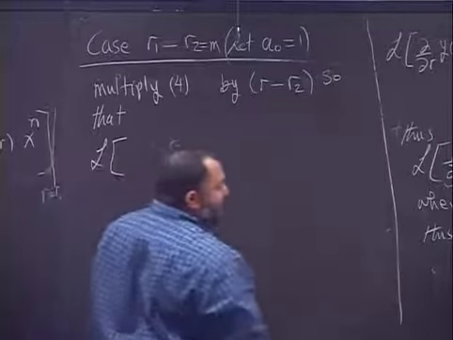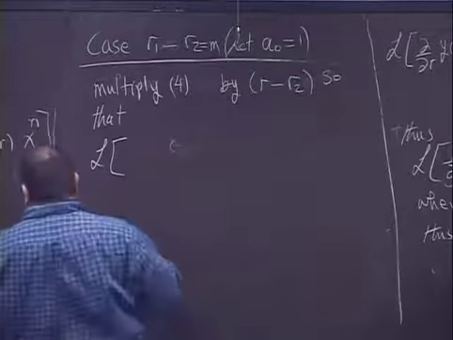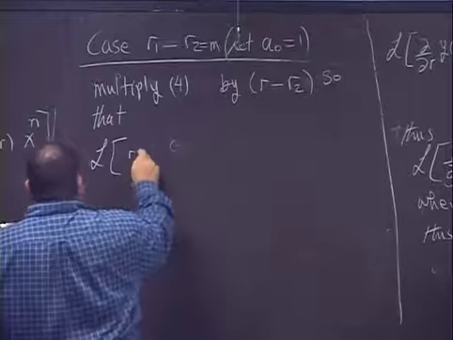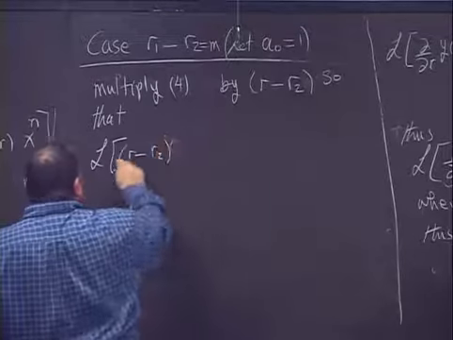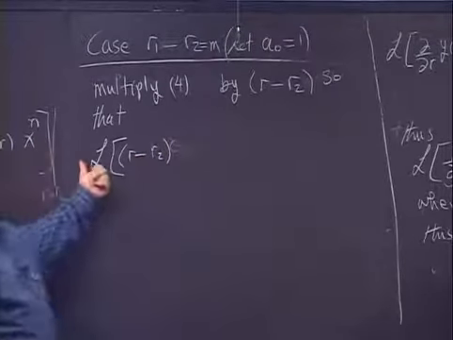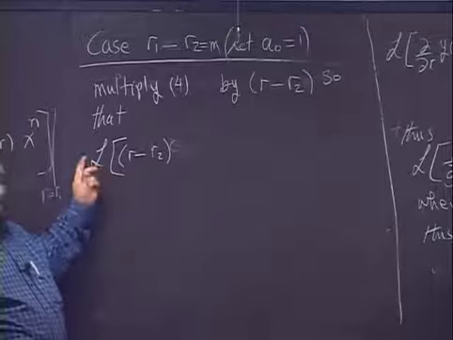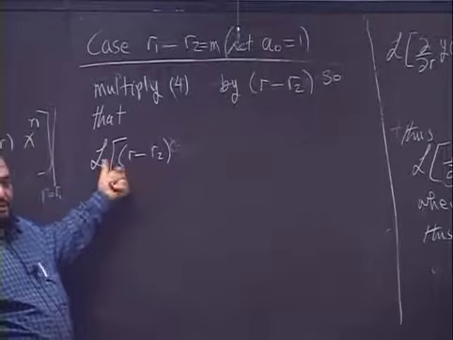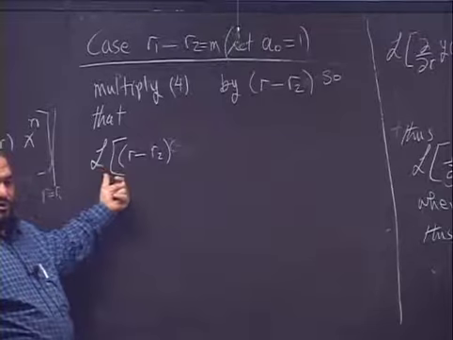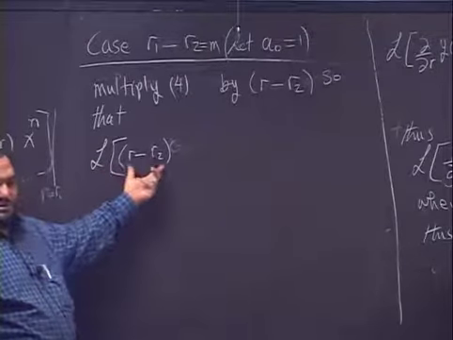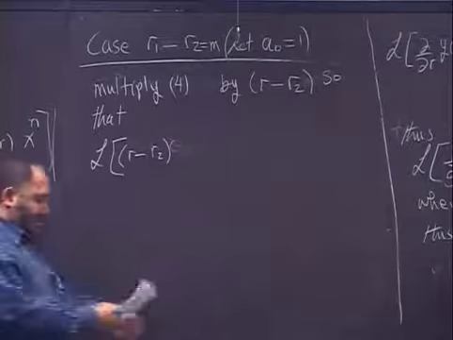Where is equation number 4? It's not in the blackboard. So this is r minus r2. Does not make any difference if you multiply r minus r2 here and you bring it inside the operator, because the operator is with respect to x. So this is a constant with respect to x. So I can bring it in.